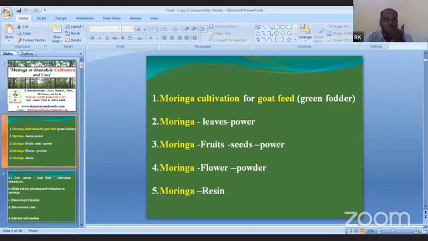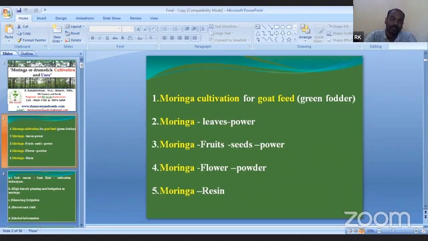First, Moringa. These are the topics we are discussing: Moringa cultivation for goat feed, and Moringa leaves; Moringa cultivation for leaf production, where the byproduct is powder form; and Moringa cultivation for fruit purpose, where the fruit byproduct is seeds or powder form of the seeds.